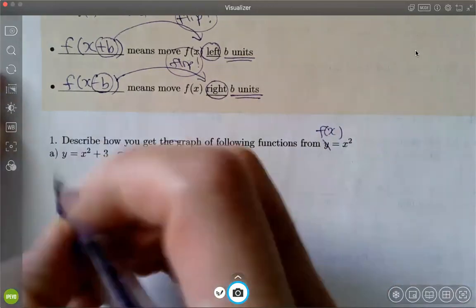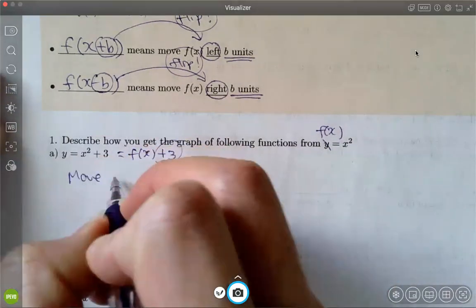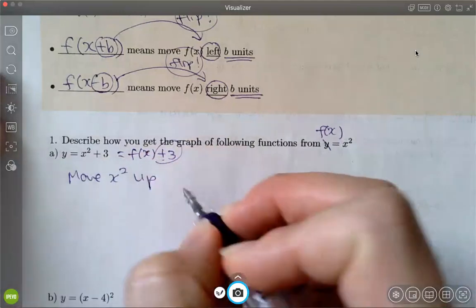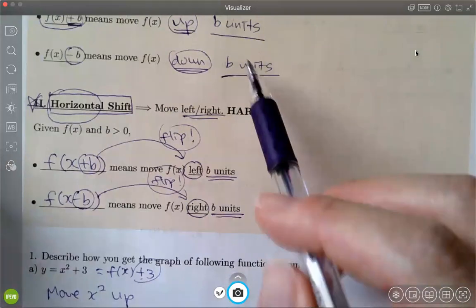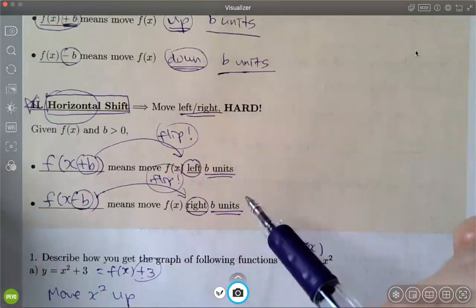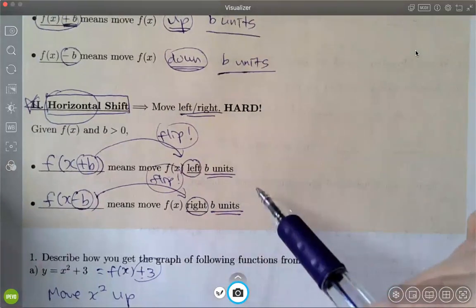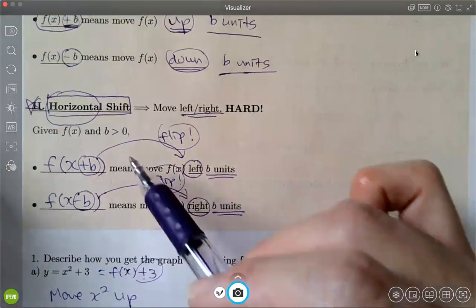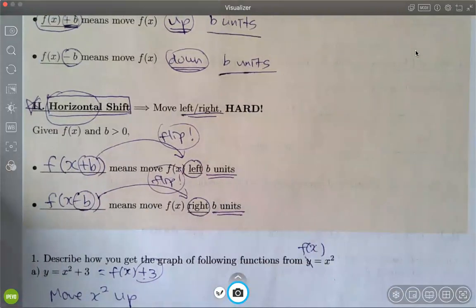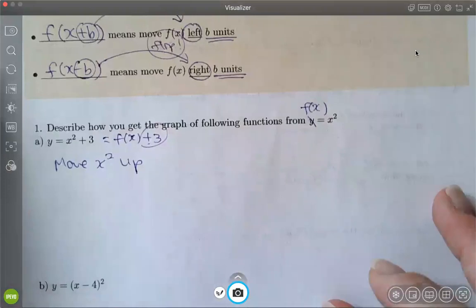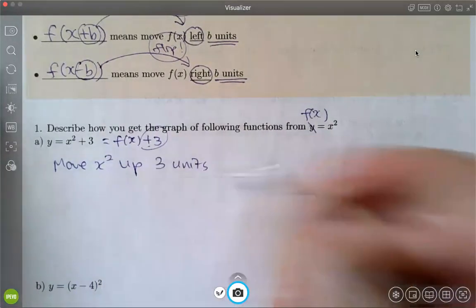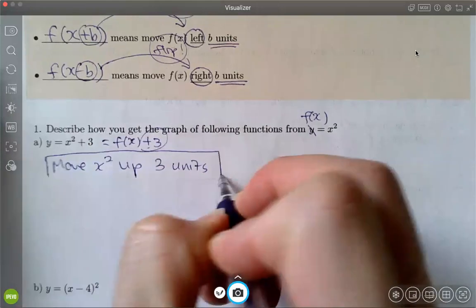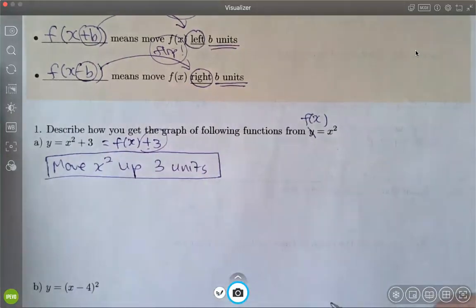Okay, so this means we move x squared up, and then remember you have to specify the distance of the motion, right? And how do you tell how much we move? That's how much we add or subtract, right? Okay, so what does that mean? Move x squared up 3 units. Okay, so it's that simple.